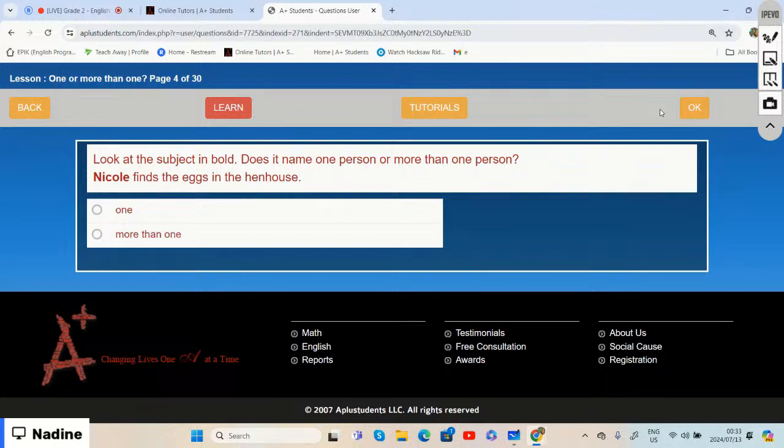Nicole finds the eggs in the hen house. After looking at the subject, we need to find out if it's one or more than one. Nicole finds the eggs in the hen house.